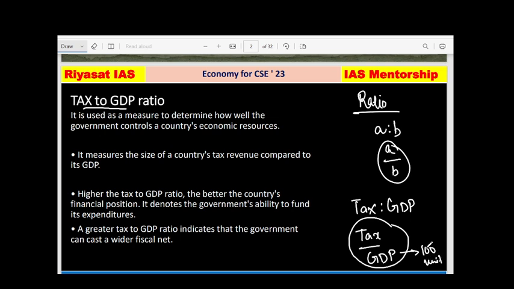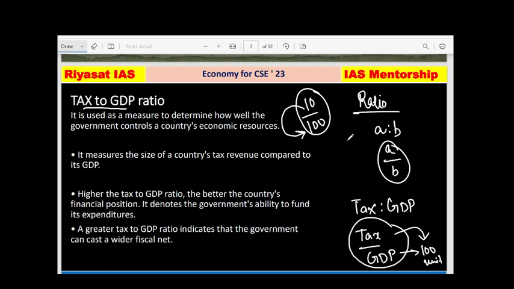If my GDP is 100 units, how much amount of tax is there? If I write 10 upon 100, my tax to GDP ratio is 10 upon 100. This means that if my GDP is 100 units, in this 100 units, 10 part is from tax. I am getting tax of 10 units. So this is your tax to GDP ratio.